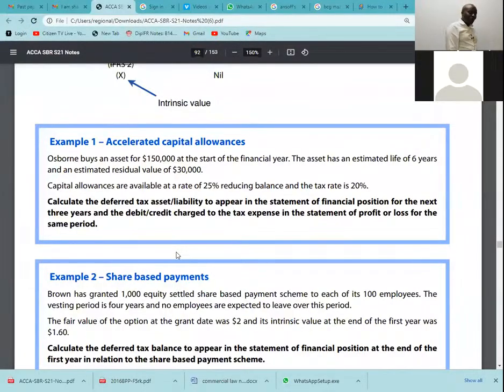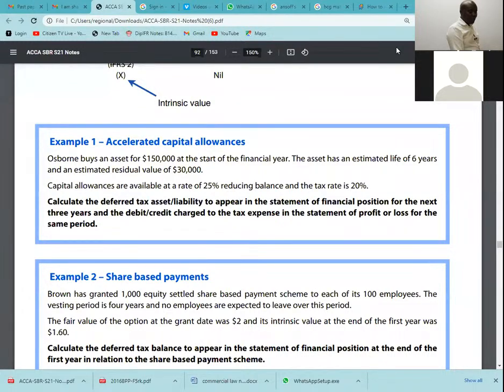Great. Ladies and gentlemen, here we are. We shall overcome, right? So here we are. Example 1, accelerated capital allowances.